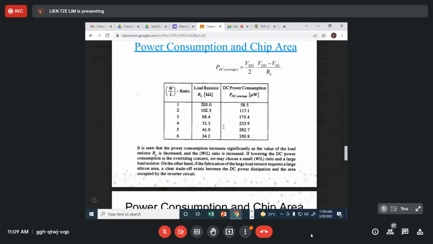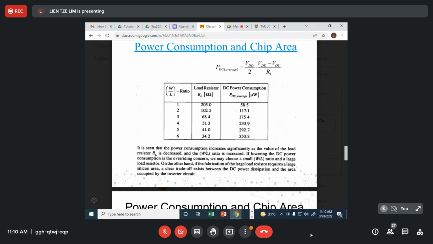The DC power consumption is already given to you, the maximum. The inverter circuit's power dissipation that you calculate must be lower than the maximum power dissipation. Then only can we consider that load resistance. When we have the load resistance, we can calculate the power consumption.